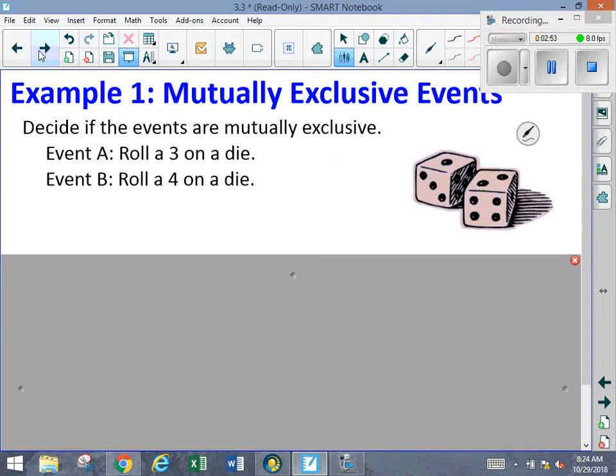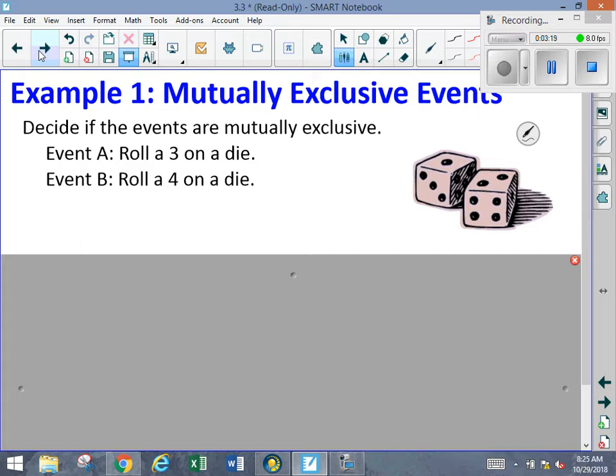Okay, this example's okay, I guess. Are these events mutually exclusive? So is it possible to roll, and we're talking about one die, right? One die. Is it possible to roll a 3 and a 4 at the same time?